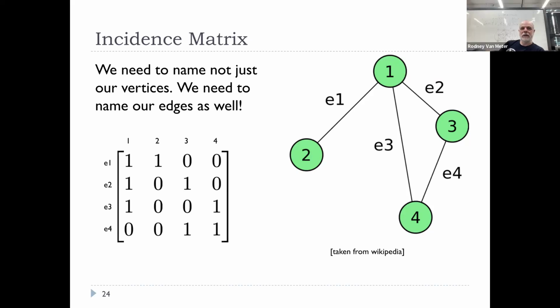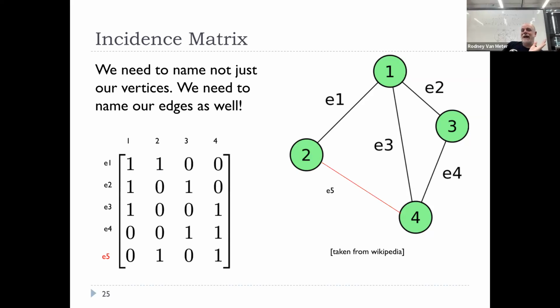And so we have four rows, and each one of the columns, 1, 2, 3, 4, corresponds to one of the vertices. So the size of our matrix is the number of edges by the number of vertices. Let's see, rows first.